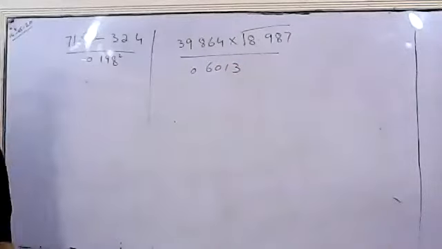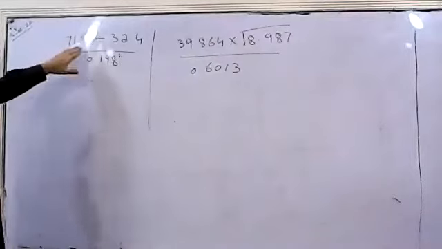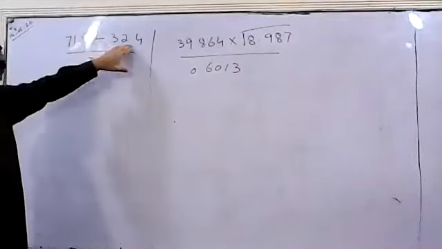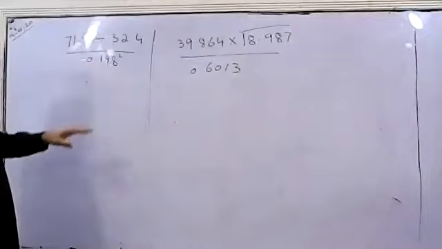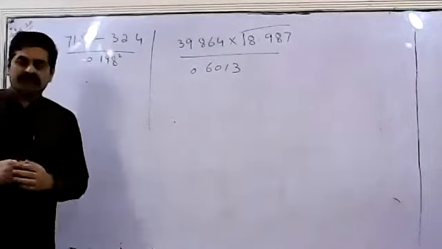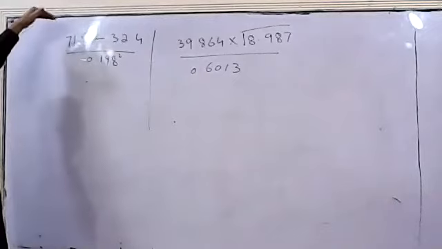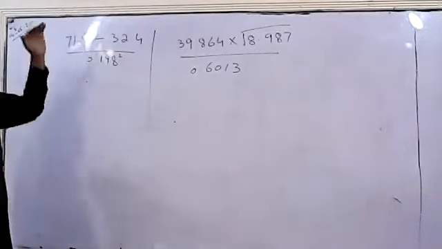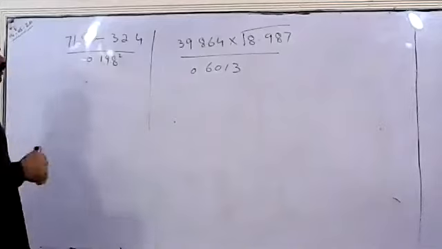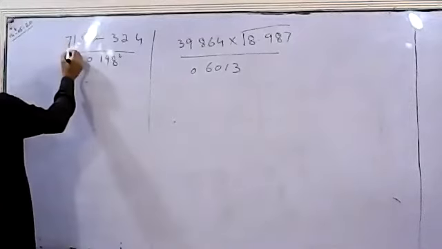I have written two questions. The first one is 71.8 minus 32.4 over 0.198 square. First of all, we will write each value up to one significant figure.